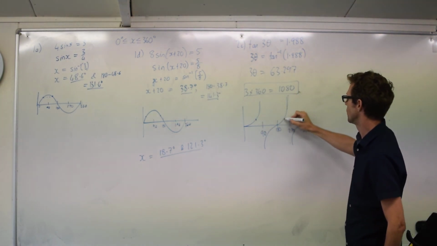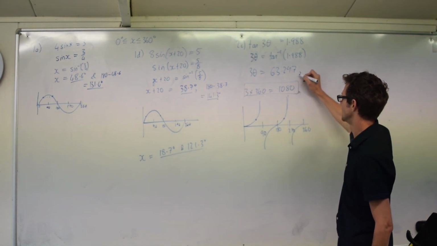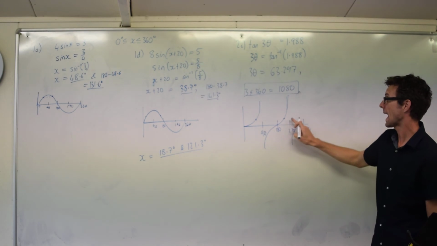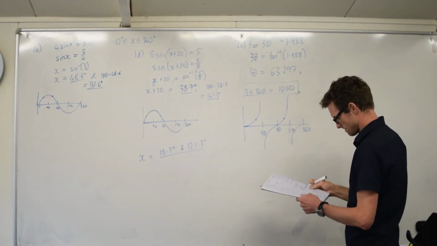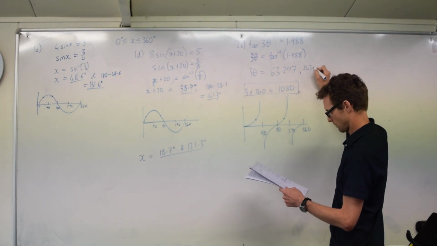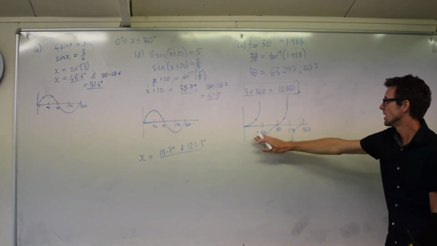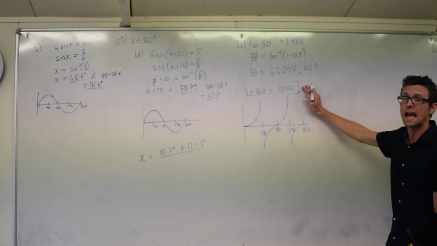So you know that you're also going to have a result here, which is going to be 180 plus 63, that is going to be 243.3. And you know that this is going to repeat 3 times as you get up to 1080.